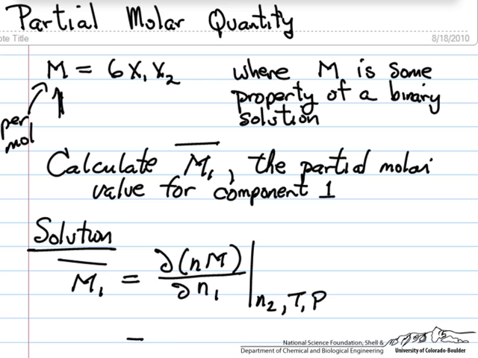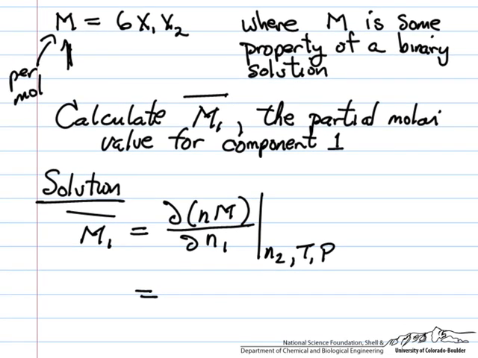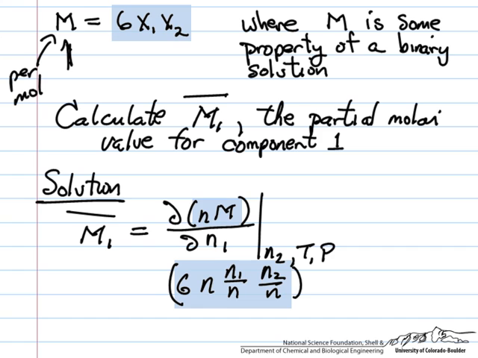So if we're going to make this substitution, we have 6 times n, and I'm going to write the mole fractions as n1 over n and n2 over n. Let's give ourselves a little more space. This is where we're going to take the partial derivative with respect to n1.